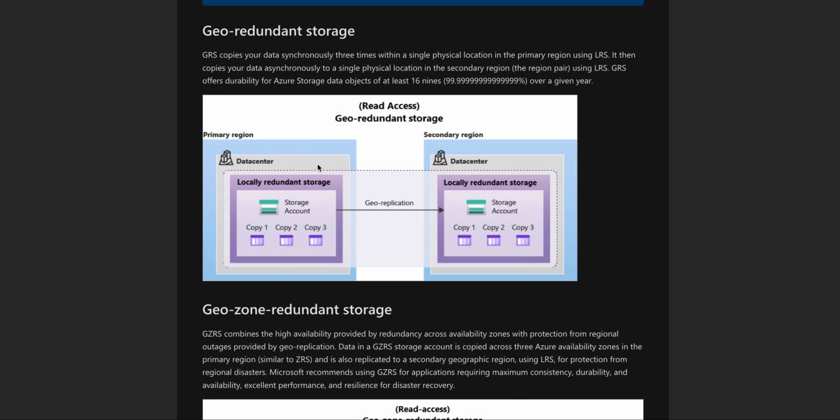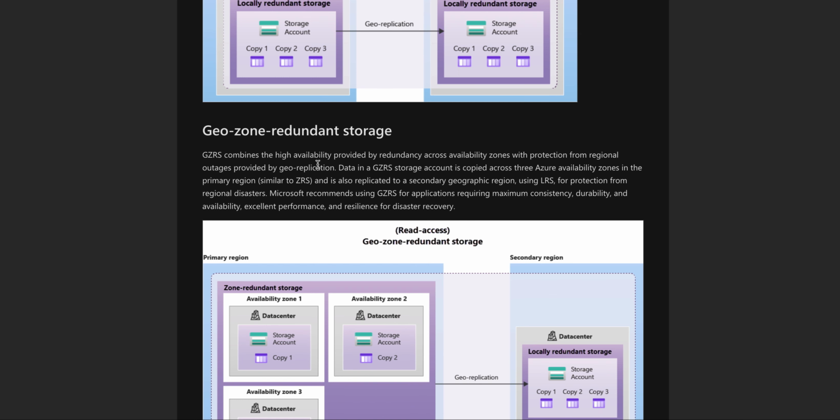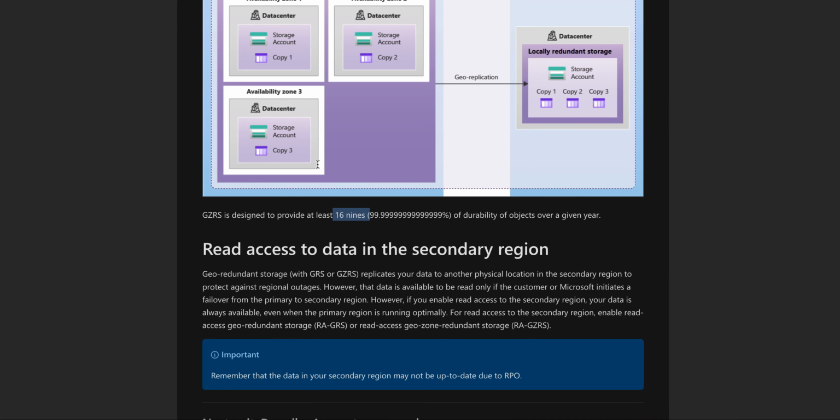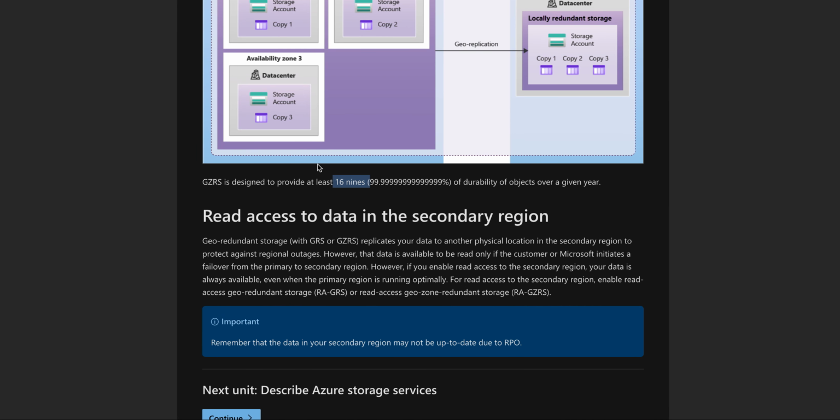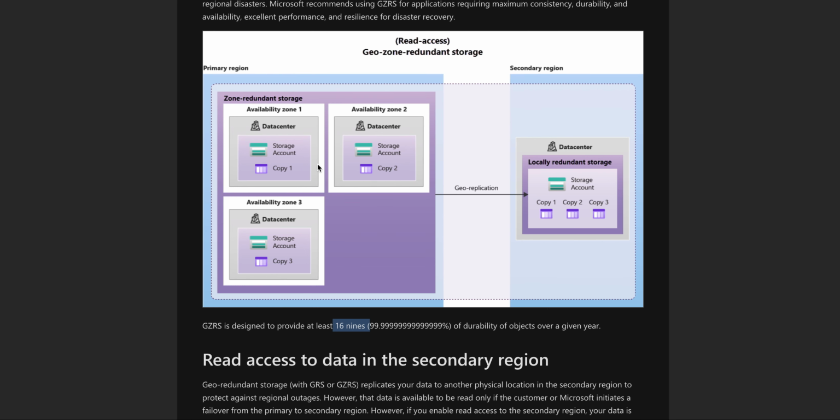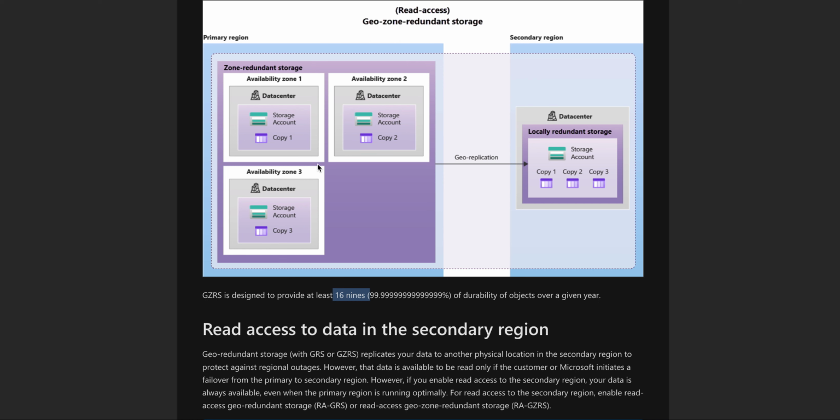What is common between these two is you have a secondary region where data is replicated, so you have some redundancy, and obviously it's more durable because even if you have a regional data failure or an outage, you still have the secondary region to rely on, right?